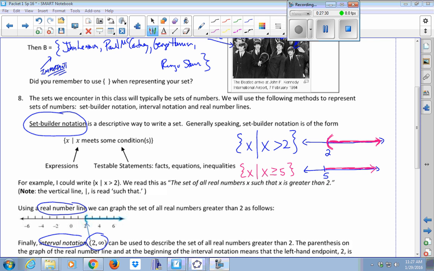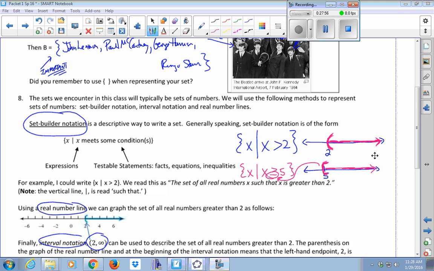If you want to include it, you use a bracket like this to say I'm including the 5 because of that equal sign right there. So when you're including the number, or the endpoint, in this case 5, you put a staple or a bracket. When you don't include it, you use parentheses. All right. Now that's set builder notation and the real number line.